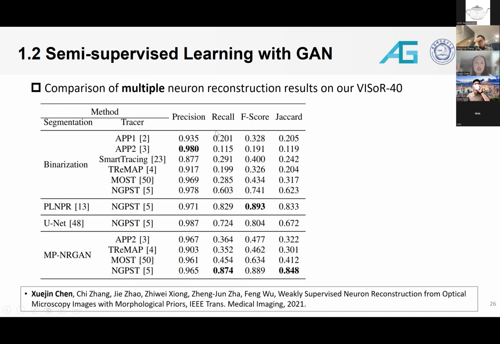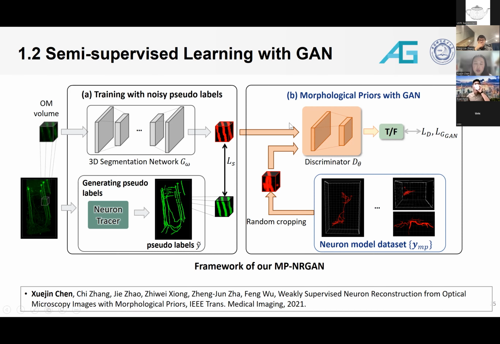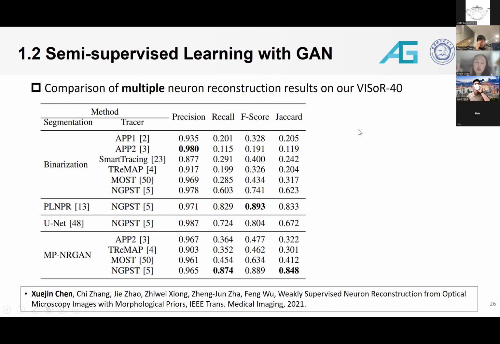So this framework does not require iterative training. It only requires one-pass training with the existing 3D models for morphological priors. We name our network MP Neuron Reconstruction.